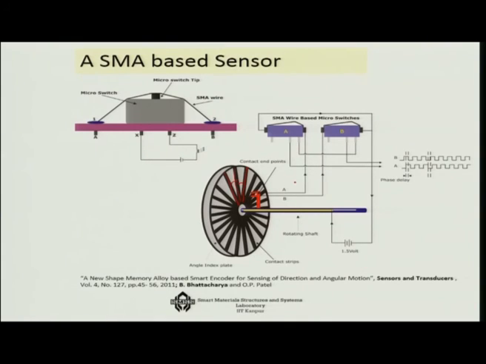However, the catch is that only whenever these two pins are touching the SMA wire based system, the current is flowing, and then because of that resistance you are going to get a signal. The moment it is not, or the velocity is changing, you are going to see there is a shift or a phase delay, which you can use in terms of measuring the direction and the angular motion of the system.